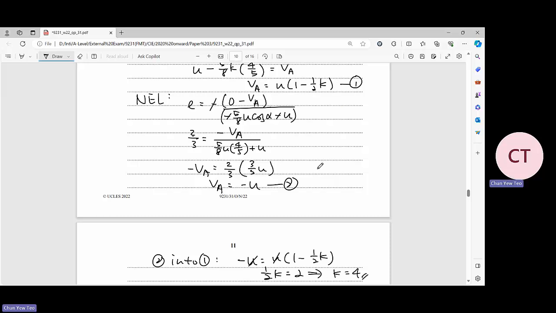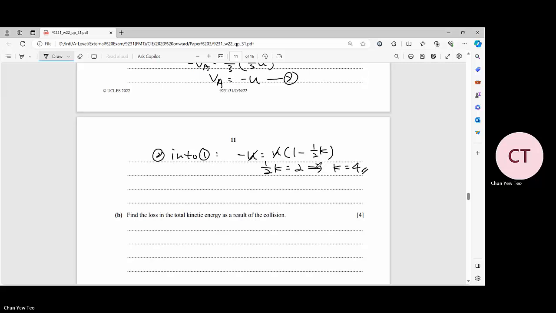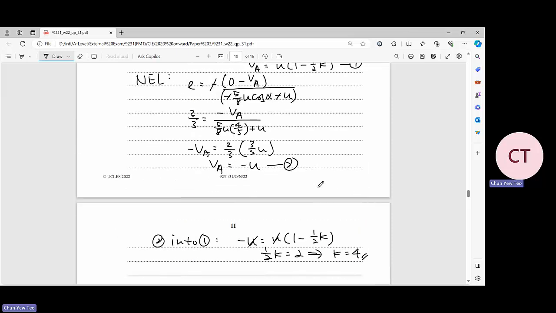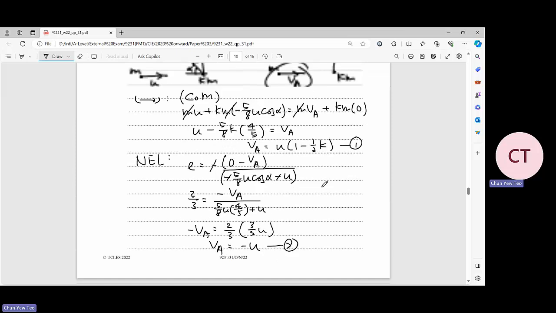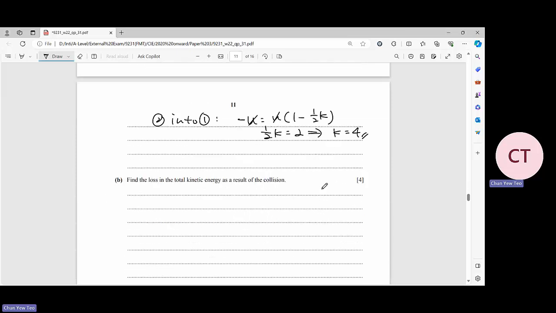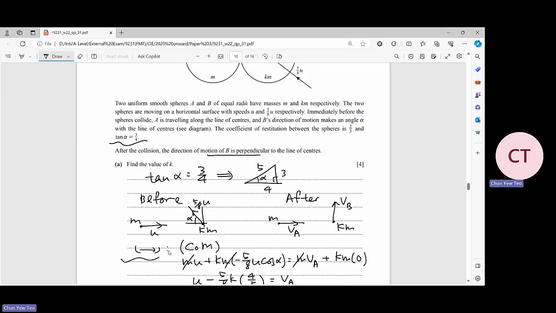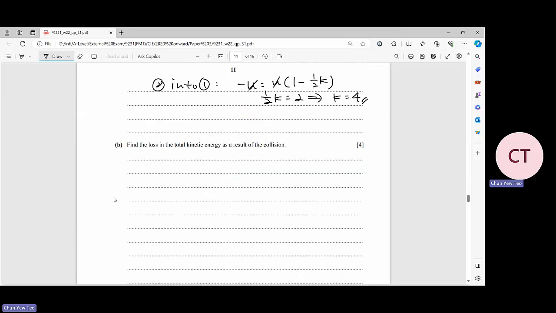Done. Then we go to part B. We want to find the total KE loss as the result of the collision. In order to get the total energy loss, we need to find v_B. We considered the horizontal motion at the very beginning, but we haven't considered the vertical component.